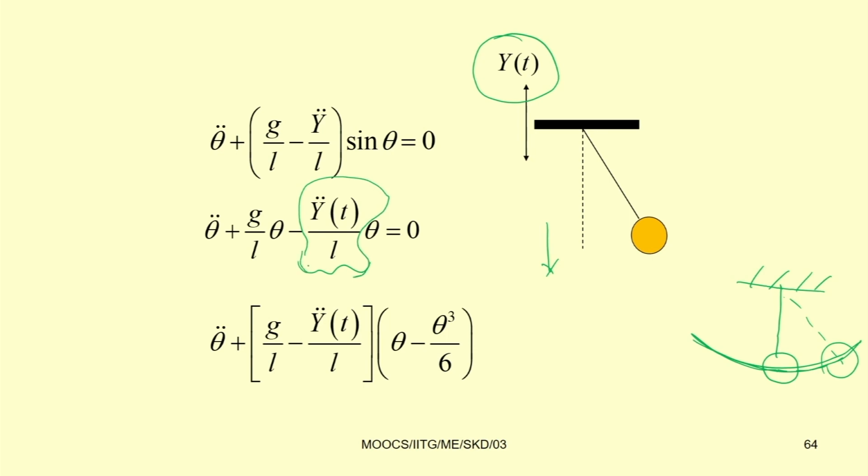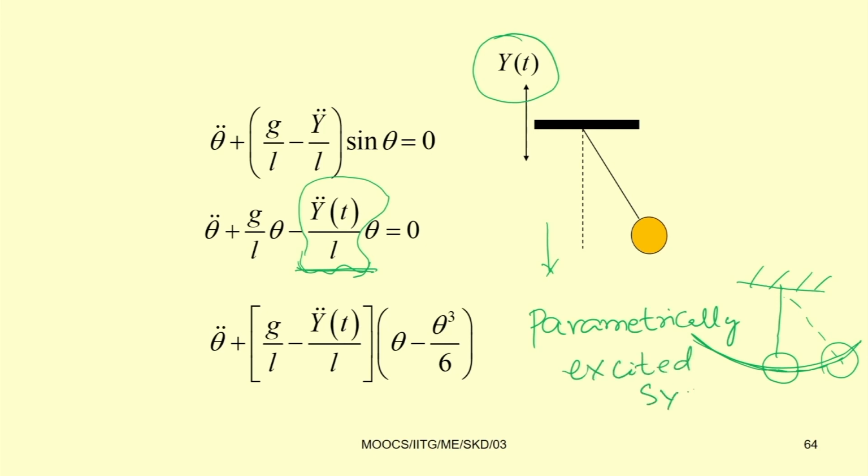So, due to the presence of this type of term, this time varying parameter as the coefficient of theta, this type of equation is known as the equation of a parametrically excited system.